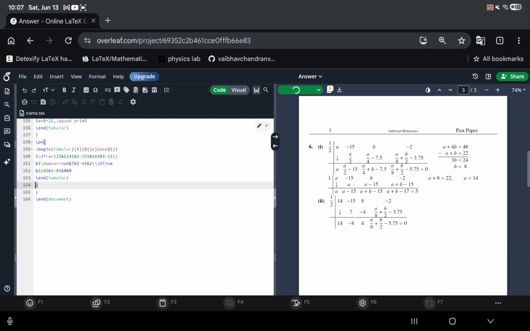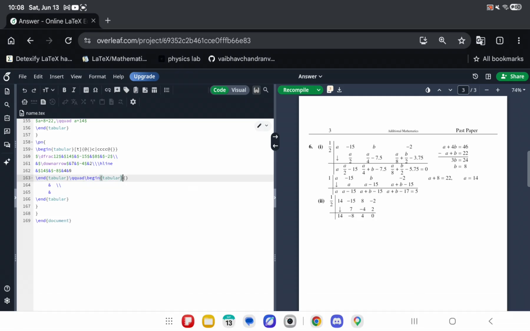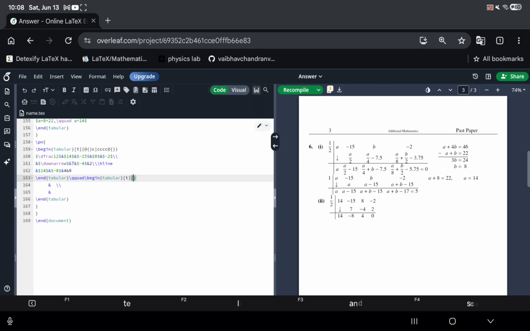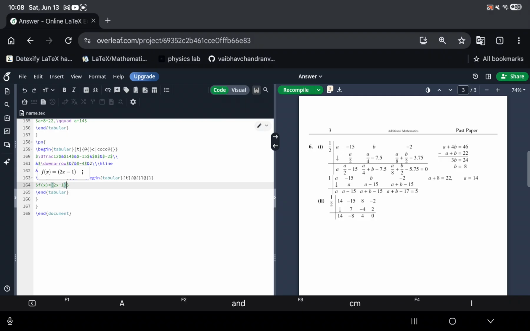Meaning, what do we get? We get that f of x is equal to 2x minus 1, close that, and 14x squared minus 8x plus 4.